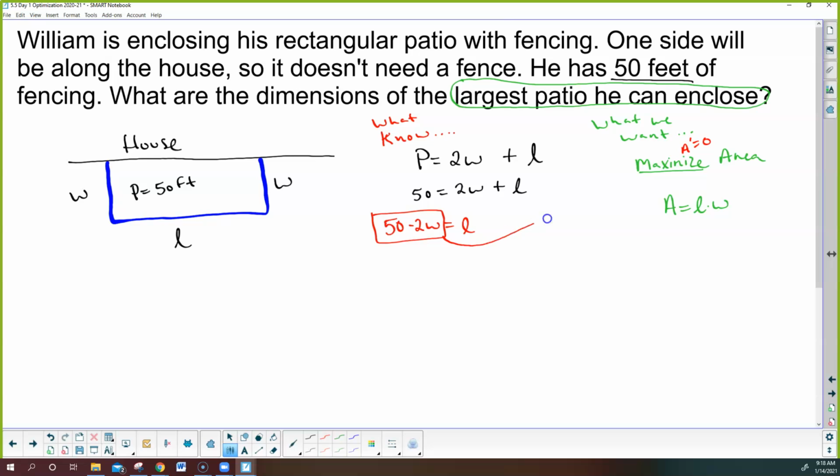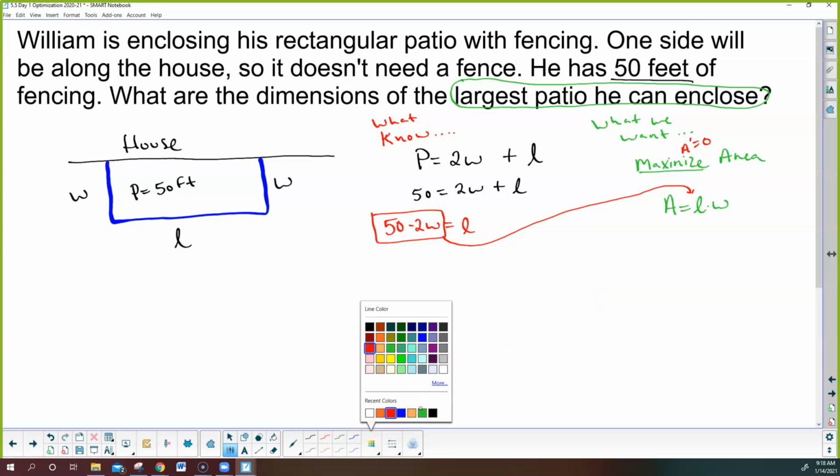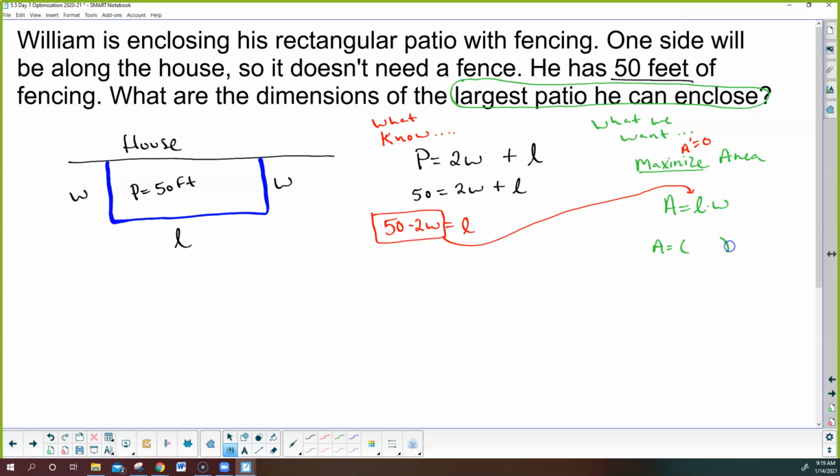So we're going to go right back to Algebra 1, and we're doing substitution. Area is length times width, but the length can be written as 50 minus 2W.